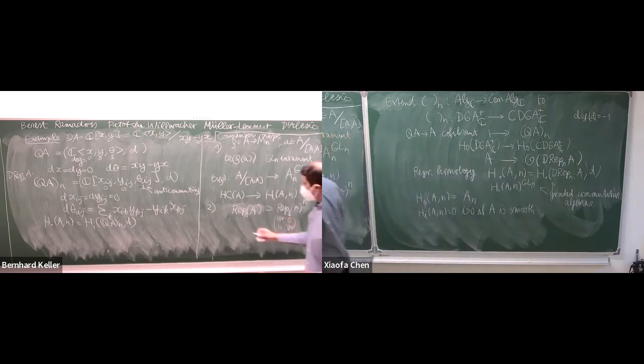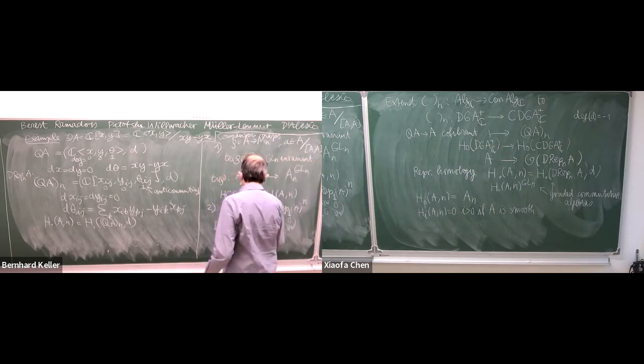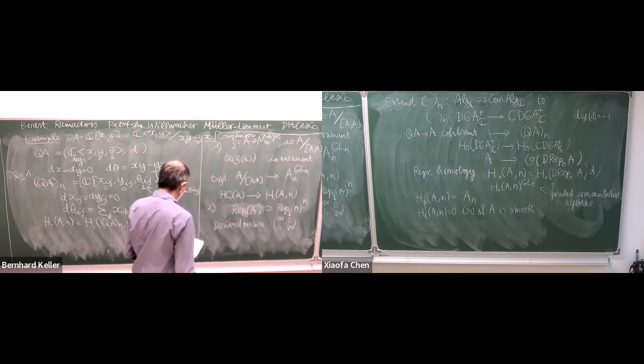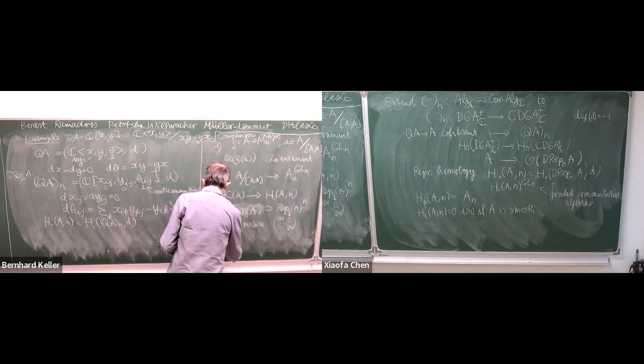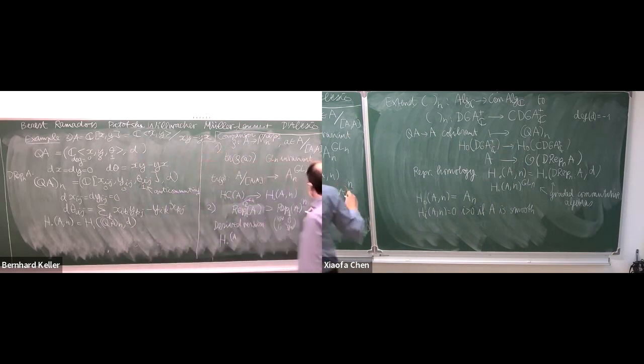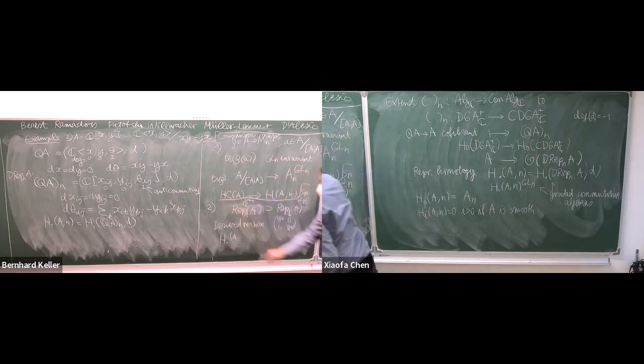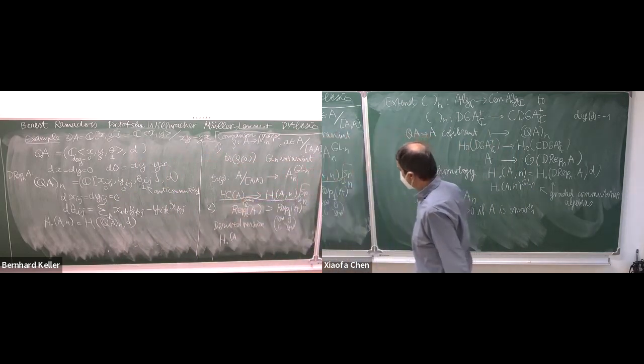Then you have some derived version, that I will explain in an example, which is a map from H. Here you have an action of GLN, and here you have an action of the symmetric group.